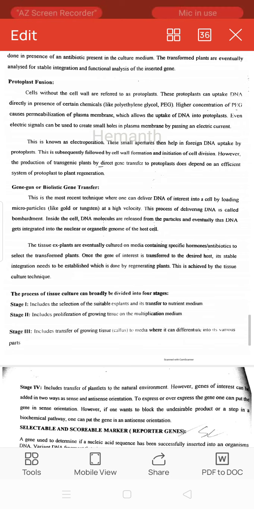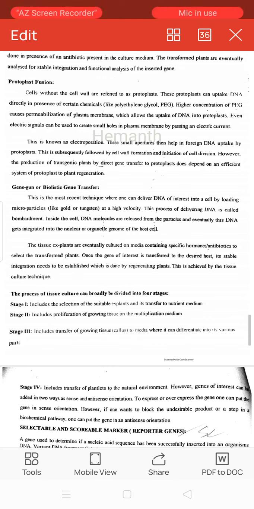Even an electric signal can be used to create small holes in the plasma membrane by passing an electric current. This is known as electroporation. These small apertures then help in foreign DNA uptake by the protoplast.